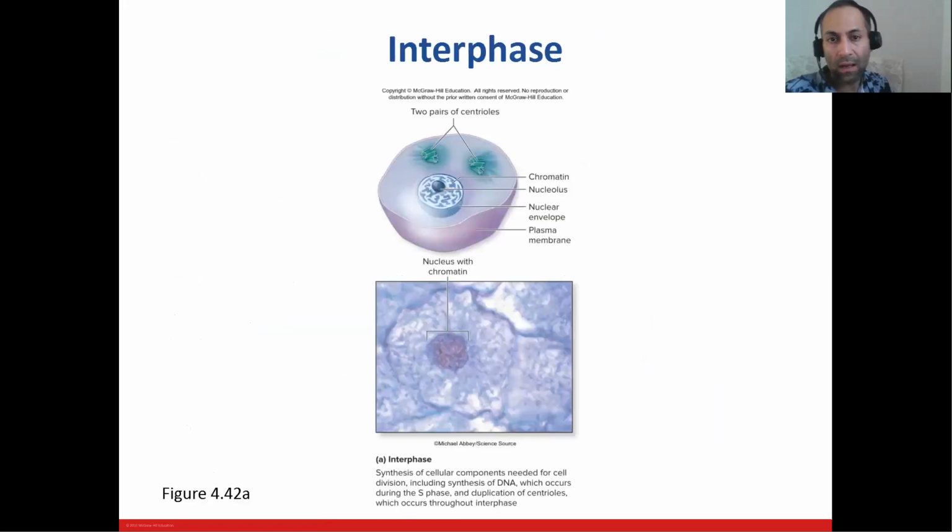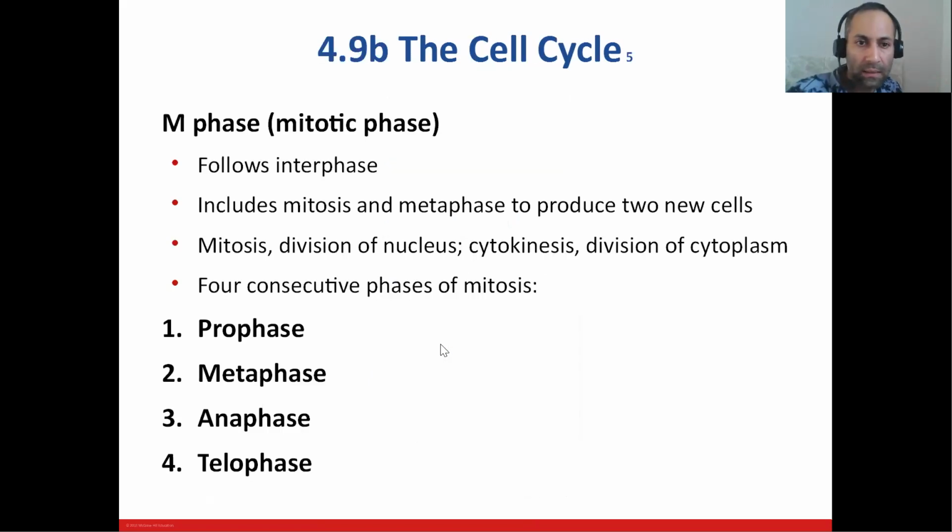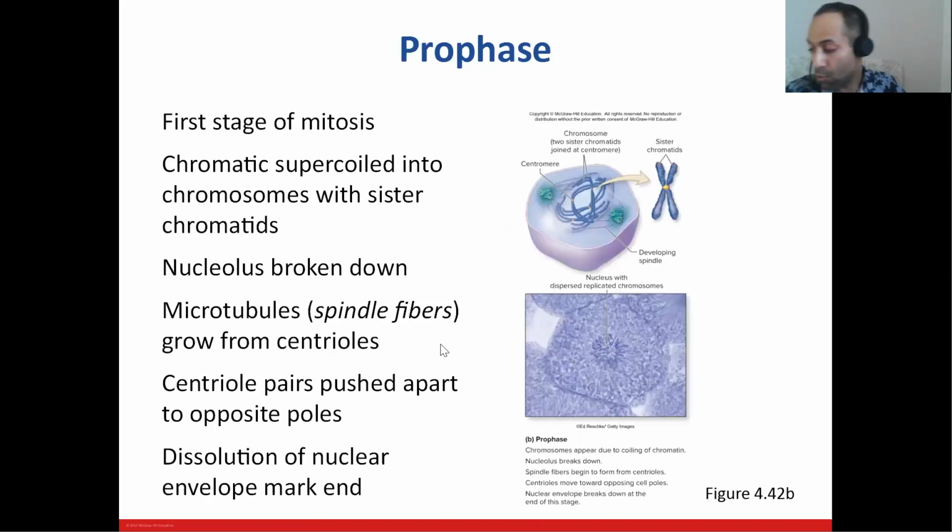We talked about interphase; this is what the cell looks like under the microscope during the resting phase. Interphase is itself made up of G1, S phase, and G2 phase, and then the four phases of mitosis. All right, and how you might remember this is by memorizing the acronym IPMAT. If you remember IPMAT, then you will remember that I is for interphase, and remember, interphase is not mitosis.